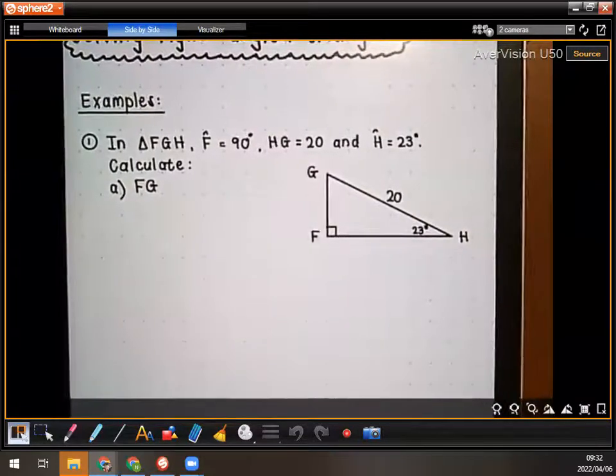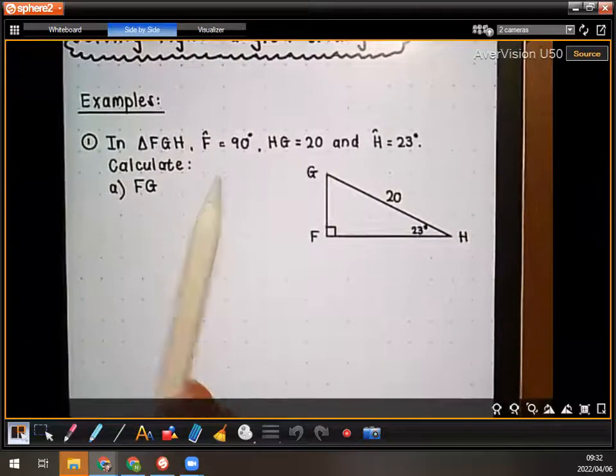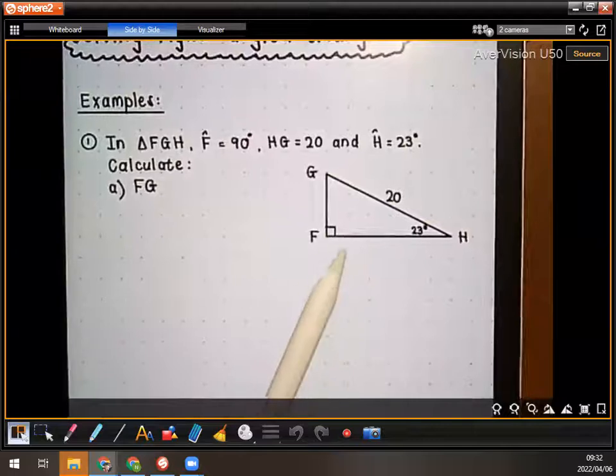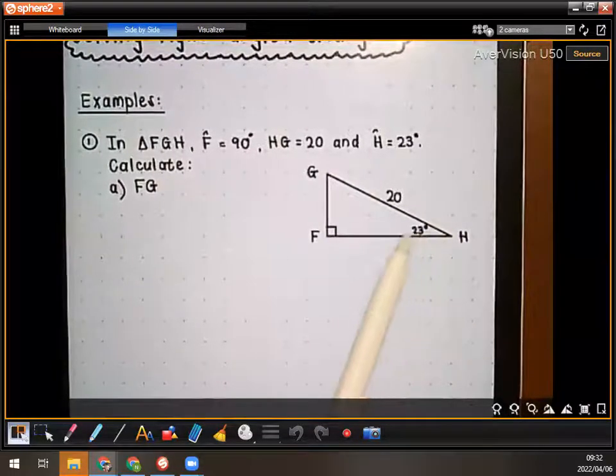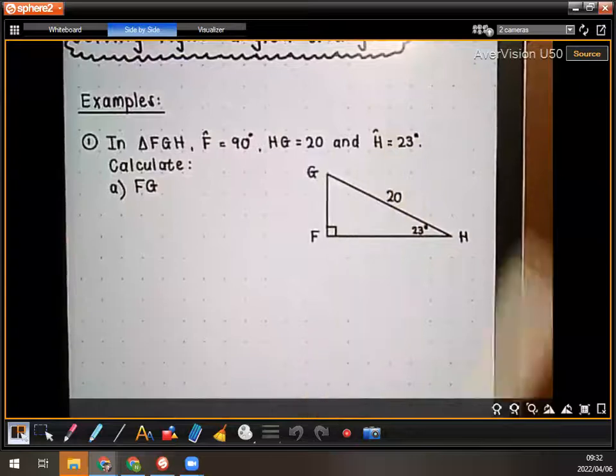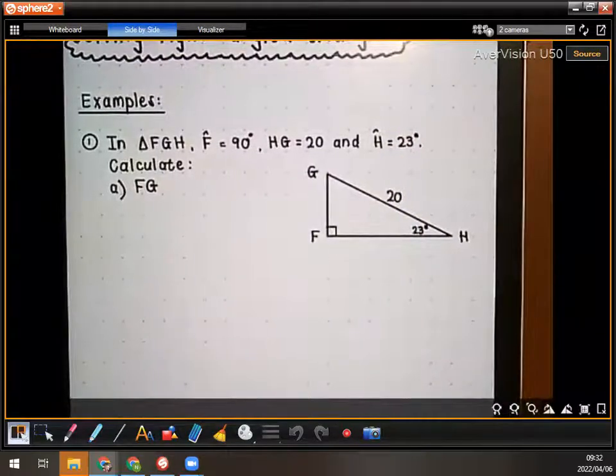I've just put in everything that's written there, so you can see that it's a right angle triangle. They told us that the angle at F is 90 degrees, HG is 20, and then angle H is 23. That is quite small, but we did write it there at the top. And they want us to calculate HG, which is a side of the triangle.